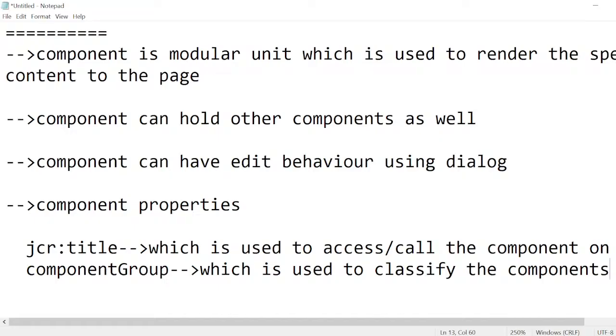So component group is the property which is used to classify the components. We are declaring that this component belongs to this group. Okay, that is the component group property. JCR title and component group.